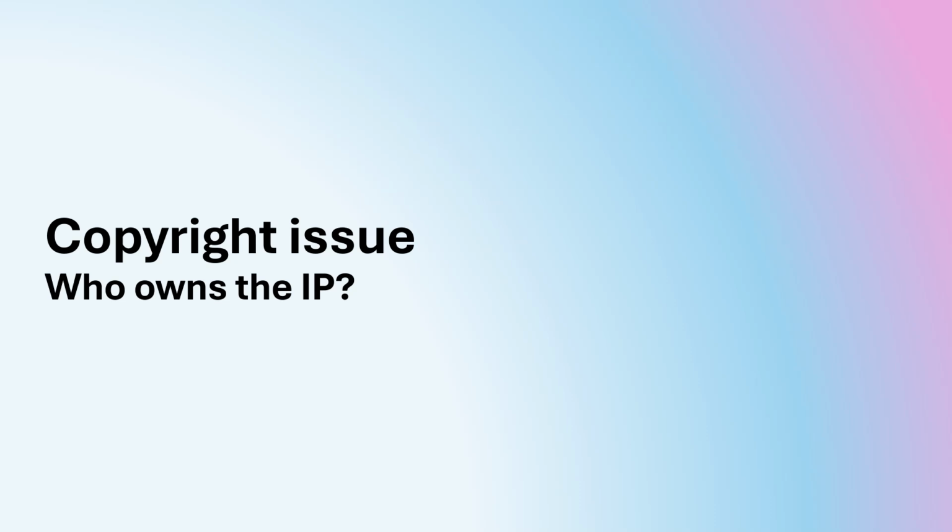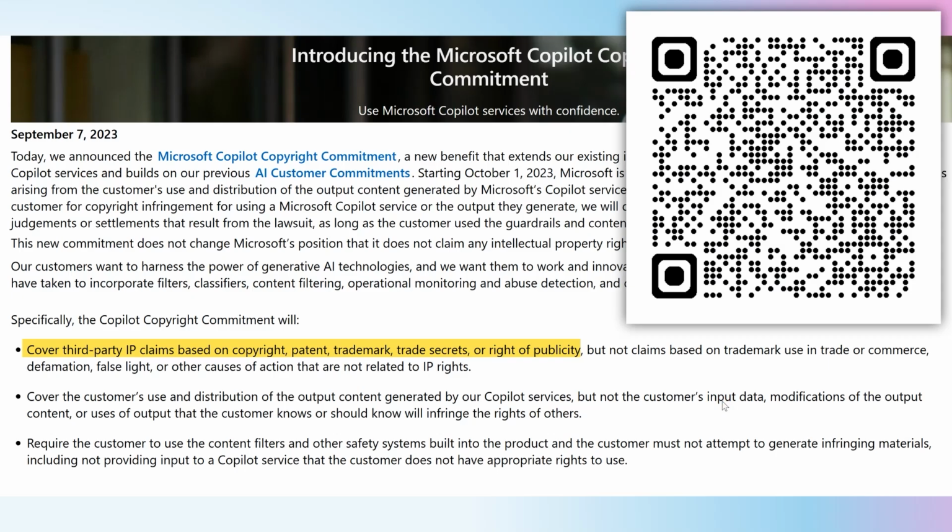So this is a global discussion going on right now. There is no hard and fast communication yet. People are still grappling with the thought. But while that is happening, Microsoft protects its customers. How? Microsoft has something called Copilot Copyright Commitment. What does that mean? If you want to know details, scan this QR code.